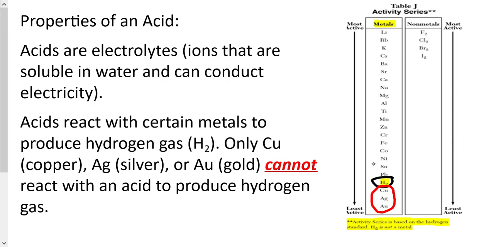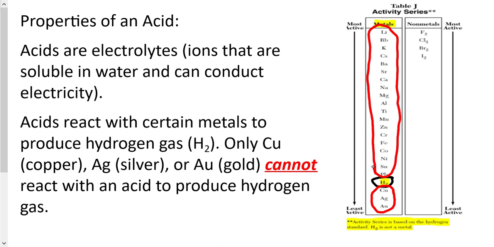Anything above hydrogen in the column of metals can react with an acid to produce hydrogen gas. Again, copper, silver, and gold cannot react with an acid to produce hydrogen gas.